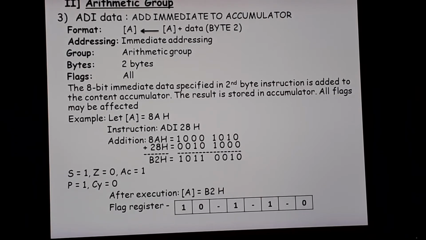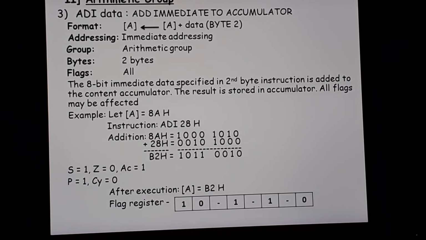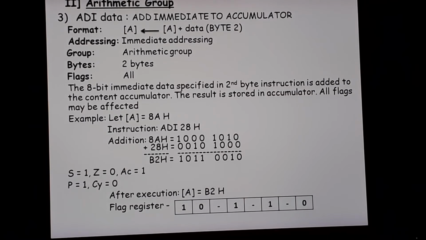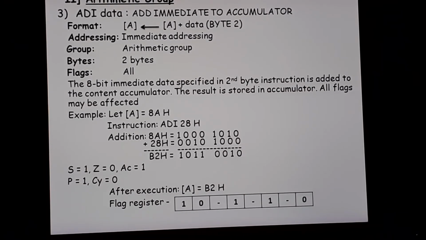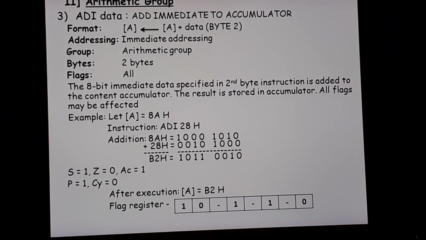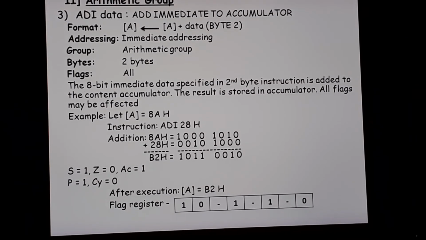So now let us see the example here. You need to assume the content of accumulator first, before execution. So before execution, A is 8AH, I have assumed, and the instruction is ADI data. For that data you need to mention some 8-bit data that you assume.